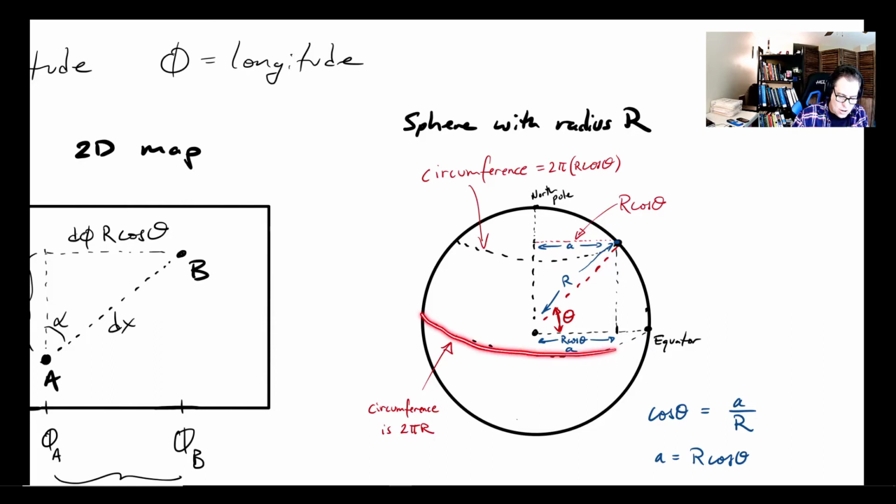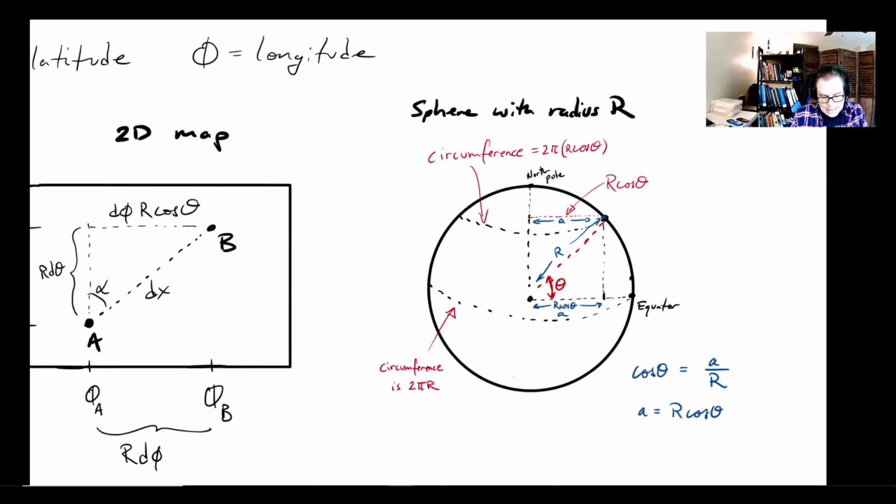That's the distance all the way around the sphere. But as you go further north and further south, these lines of latitude are smaller and smaller as we approach the poles. So what is the radius of these smaller circles? Well, that radius is basically this length right here. It's the same length here as it is down here. And how do I get this distance?